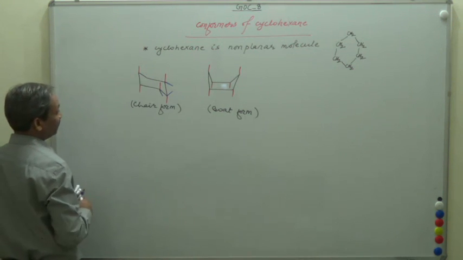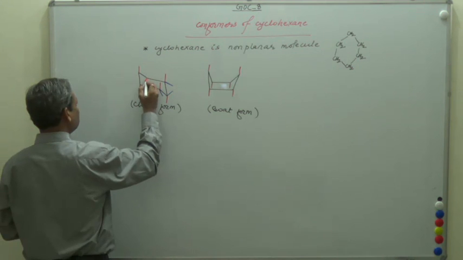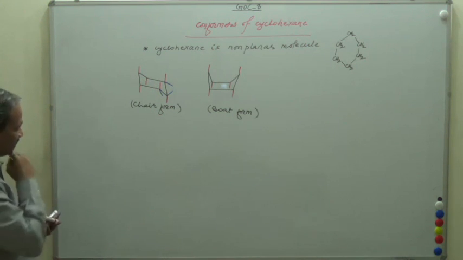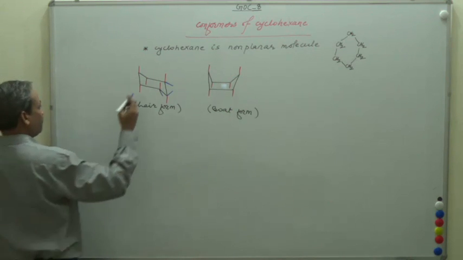Here there is one more axial downward, 6 axial and 6 equatorial.